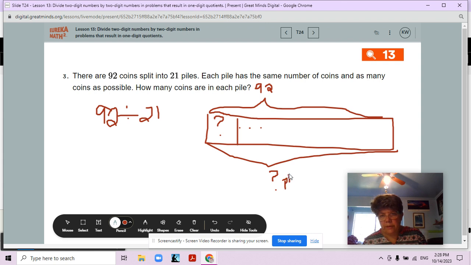Okay, drawing our tape diagram can help us to understand the word problem a little bit better. Okay, so 92 divided by 21. In our last problem, we used 4, right? Because we saw that 21 times 4 was 84, right?